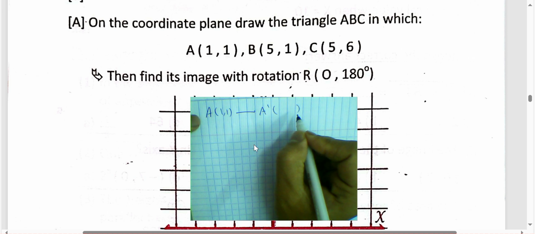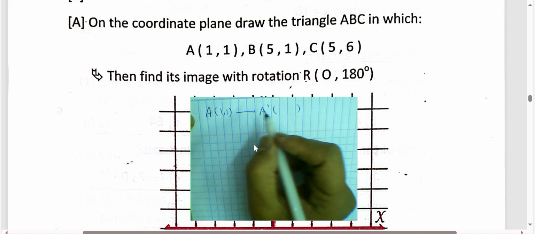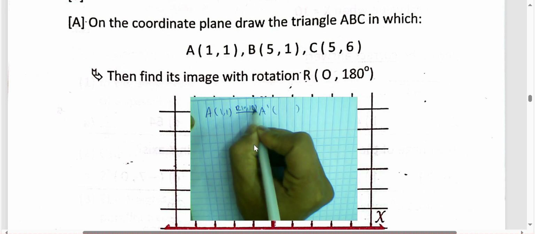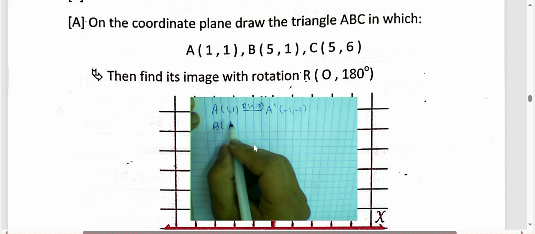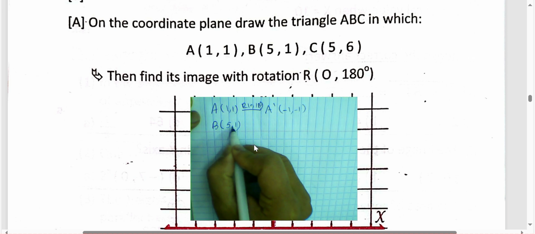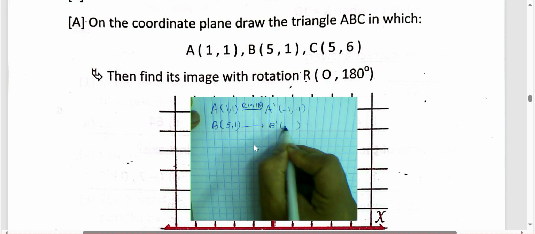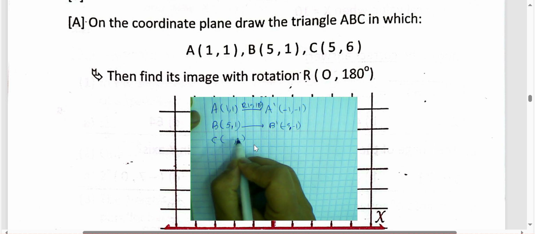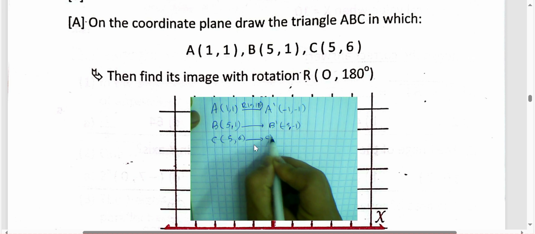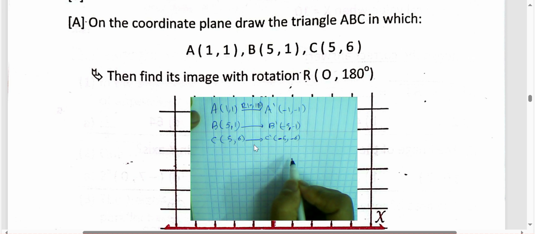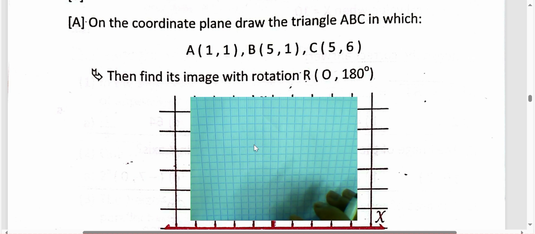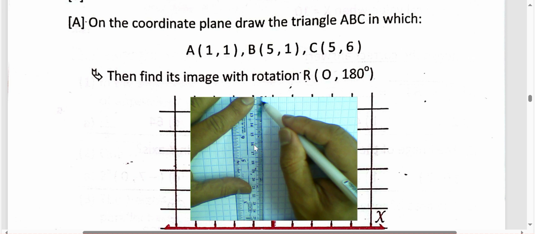The image under rotation around 0 by 180 degrees: we change the sign of x and y. Point B is (5, 1), so B dash is (-5, -1). And point C is (5, 6), so C dash is (-5, -6). And then we draw the x-axis and the y-axis with the ruler.